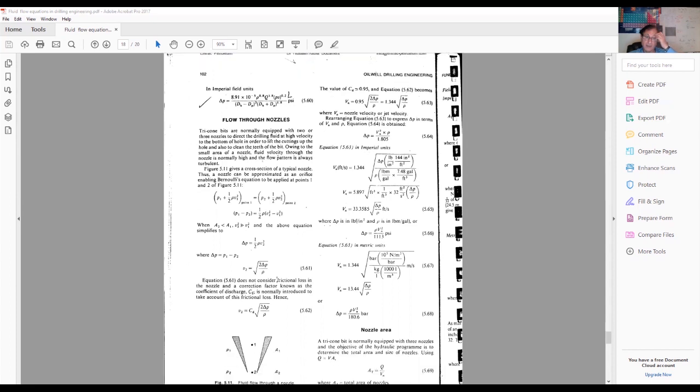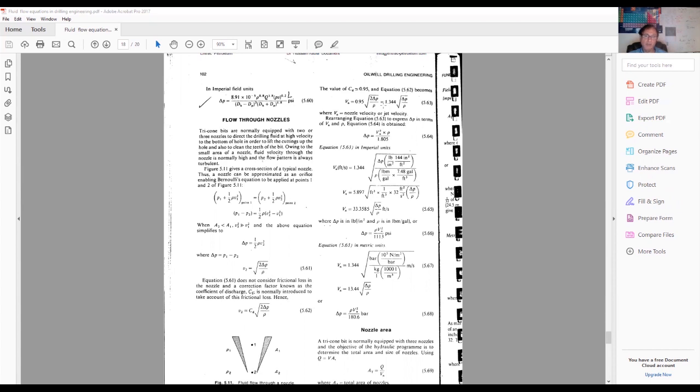Here I use what we call a discharge factor or correction factor, because most derivations assume there is no frictional loss inside the nozzle, because the nozzle is very, very small. But really, you've got to allow for a minute loss, so I put a factor of 0.95 to allow for this.